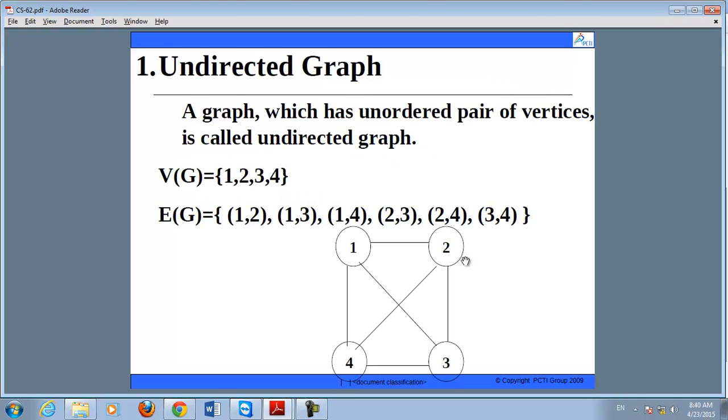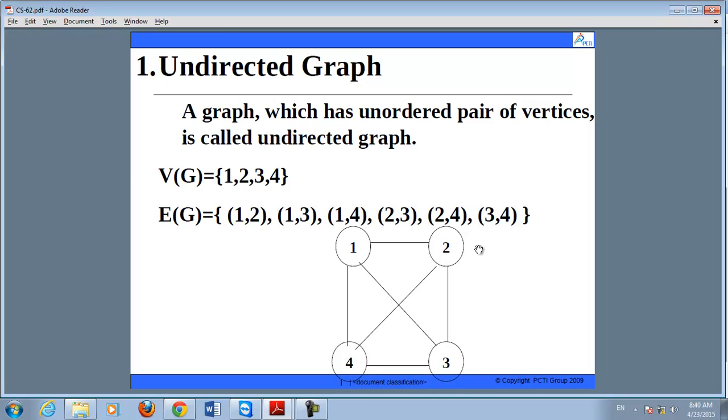In an undirected graph, there are no directions given with the arcs or with the edges. Meaning in this you can go from 1 to 2 and from 2 to 1 also. Similarly from 2 to 3 and 3 to 2 also.